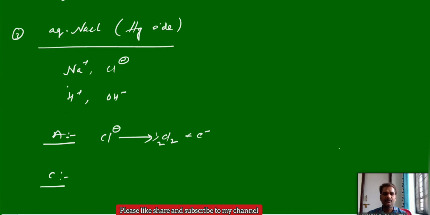So, due to the over voltage, by supplying extra energy, the sodium ions can move very easily towards the mercury, and the sodium ions will get deposited at mercury and react with the mercury to form sodium amalgam. That is the reason instead of hydrogen, Na plus can take electrons and deposit at the mercuric electrode and form this sodium amalgam alloy.